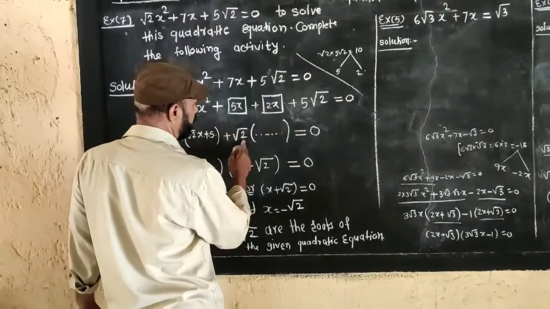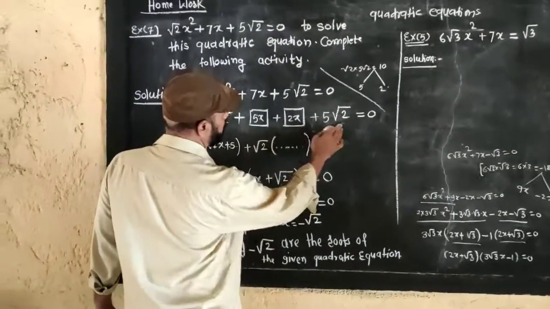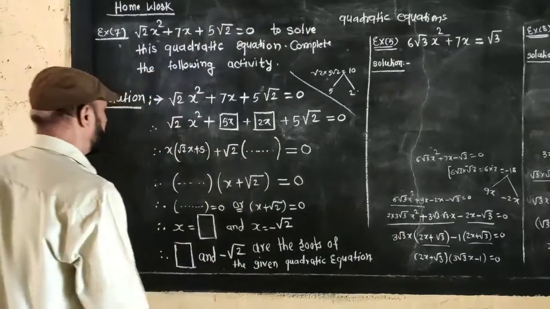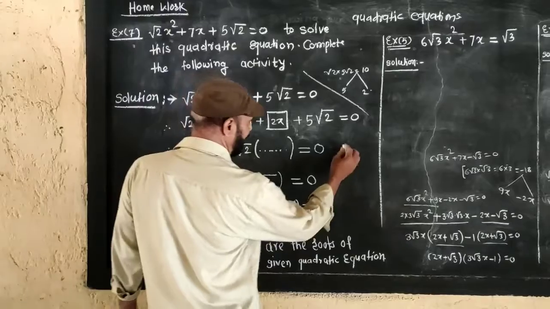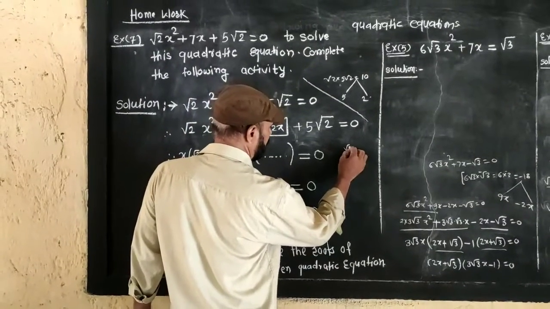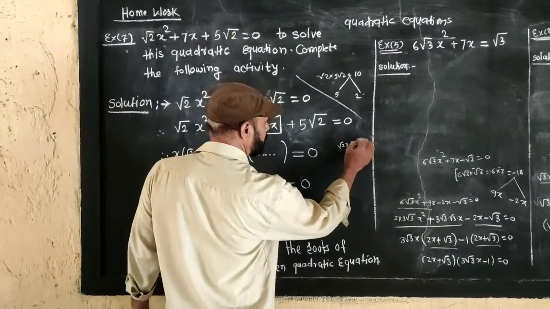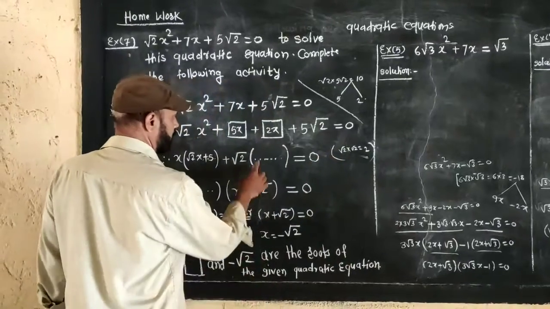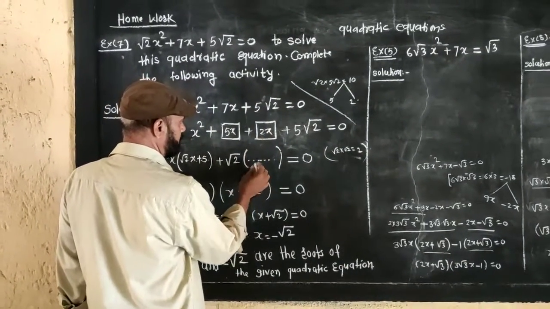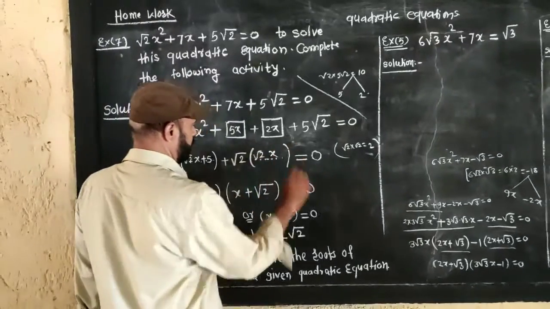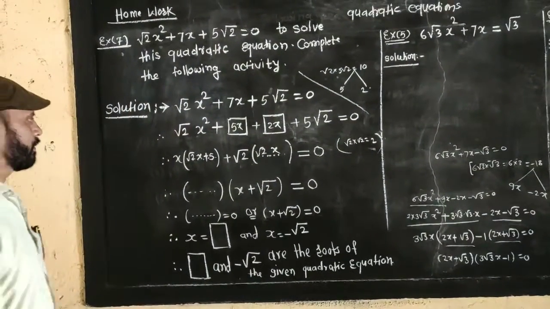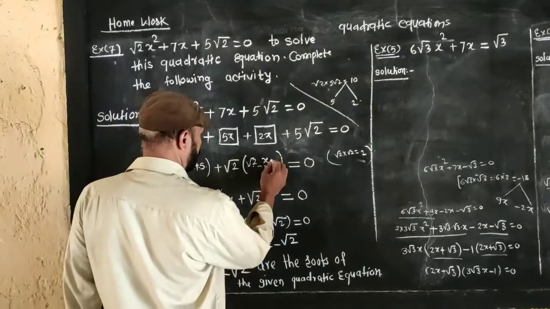Here taking root 2 common from these two terms, so we have to write root 2 as root 2 into root 2 is equal to 2, just like this. So here root 2 into root 2, taking root 2 common, we get root 2 into x, root 2x plus 5.